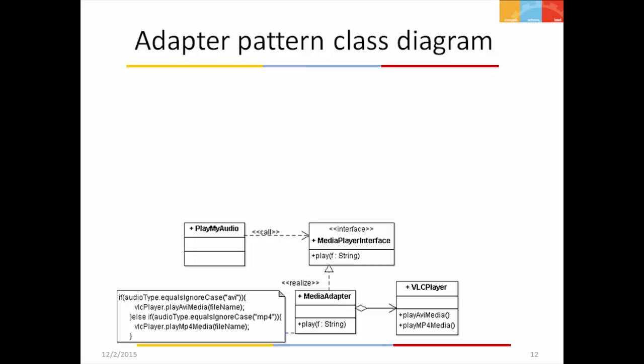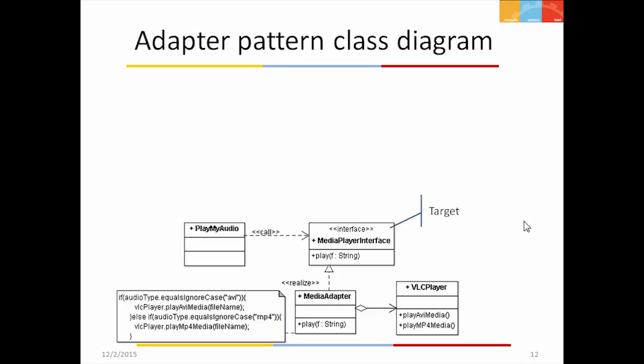So the media adapter has a method called play, because it implements this interface, but it really does not play. It actually calls, let's say in this example, a VLC player, which can play different types of media like AVI, MP4, and so on.